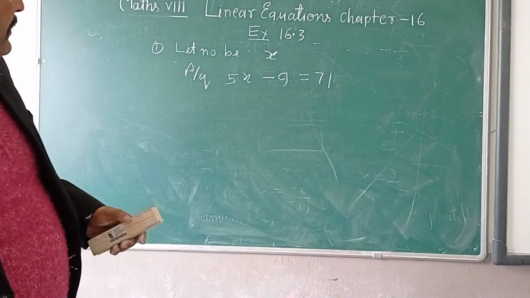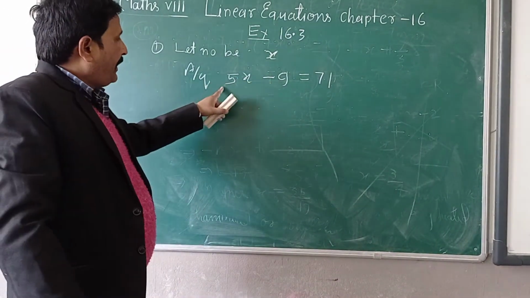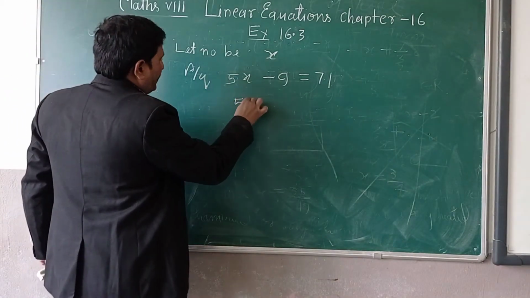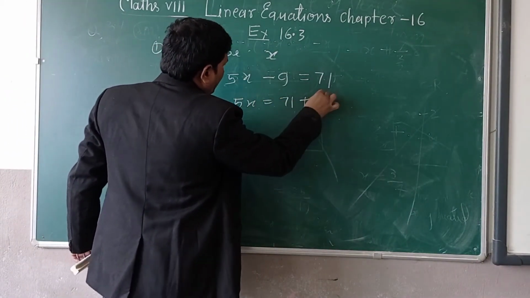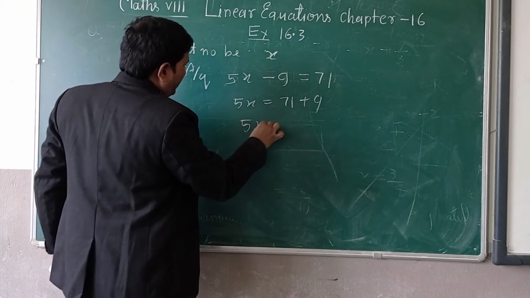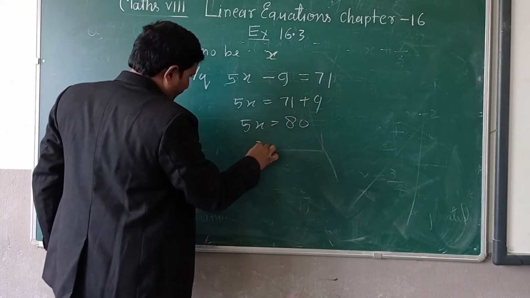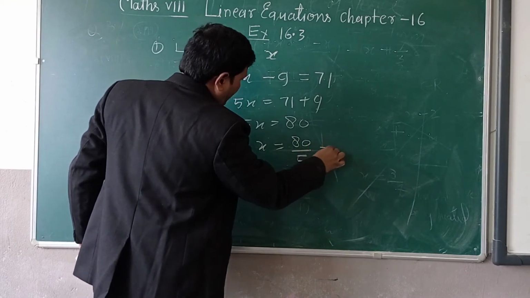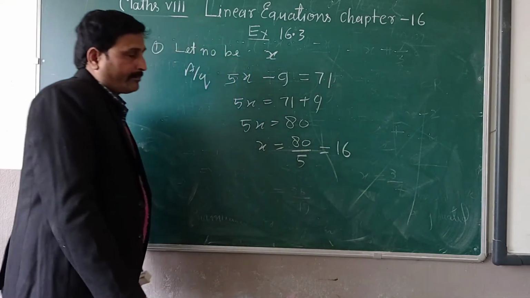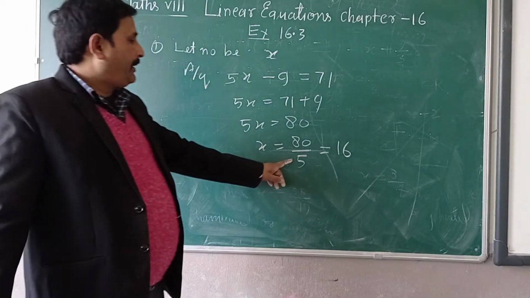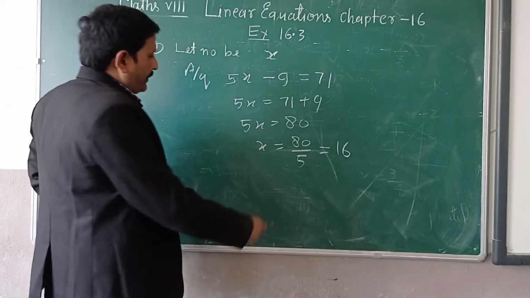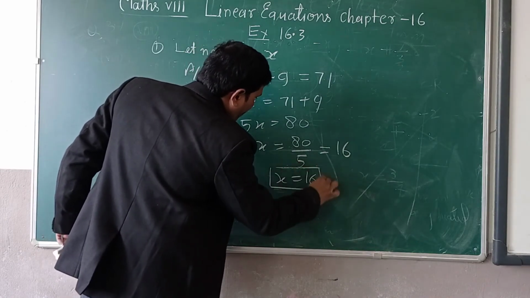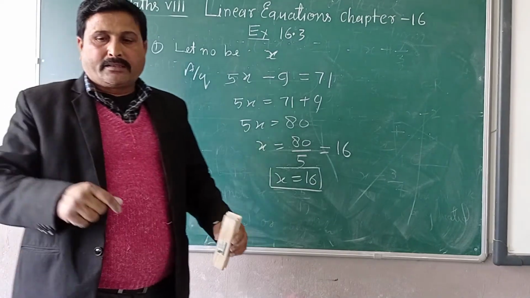According to the question, 9 is subtracted from 5 times a number, result is 71. Now 5x is equal to 71 plus 9, 5x = 80, x = 80 divided by 5, answer is 16. So you have to solve the questions.